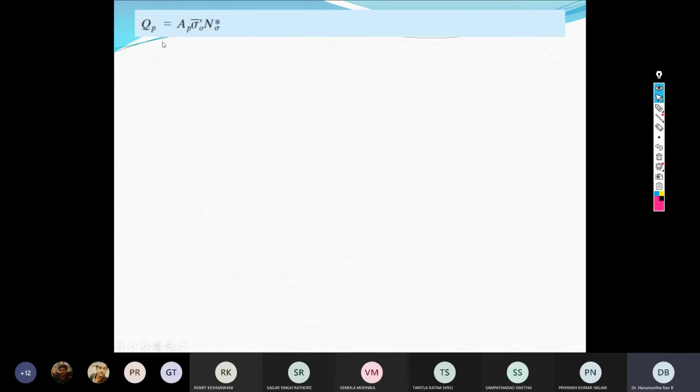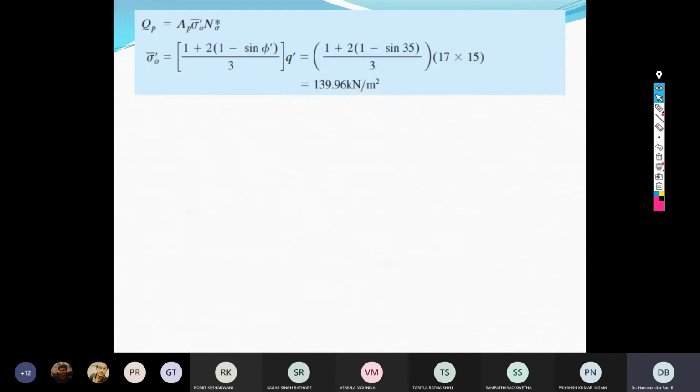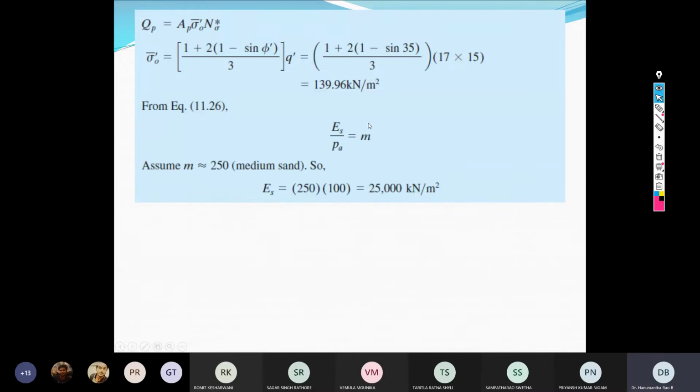In the Vesic method, the equation for Qp is Ap into sigma naught dash into Nq star. The equation for sigma naught dash is (1 plus 2 into (1 minus sin phi dash)) by 3 into q dash. Sin phi dash is sin 35 and q dash is 17 into 15. If you substitute and simplify, we get 139.96.